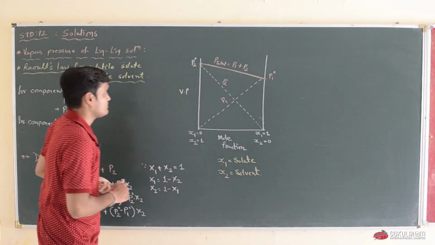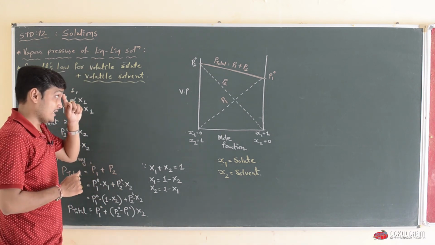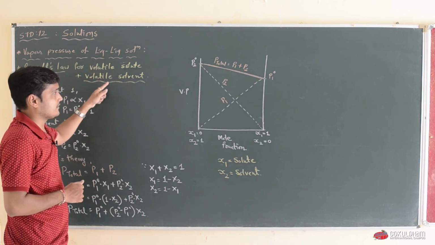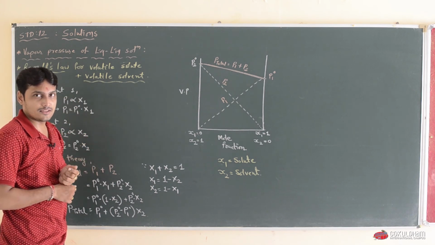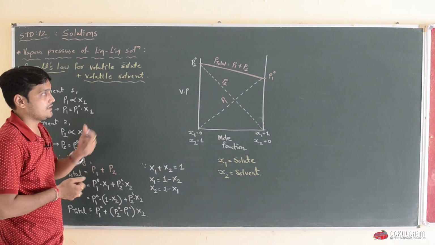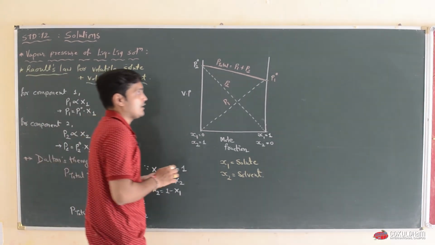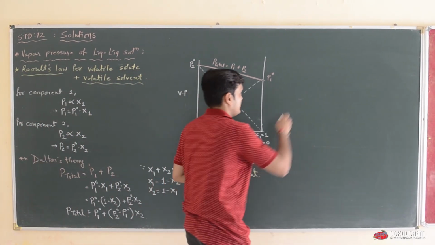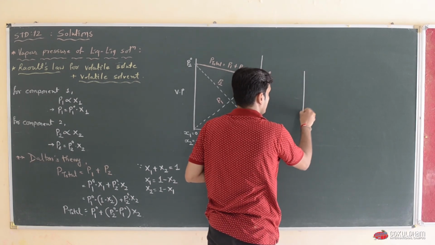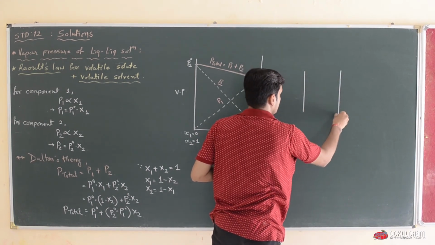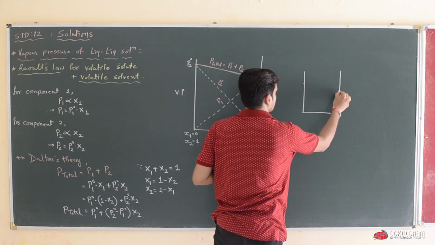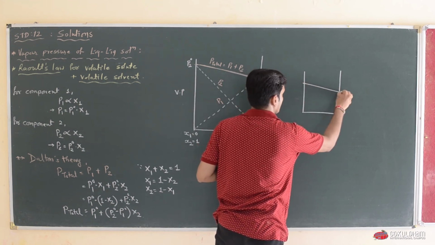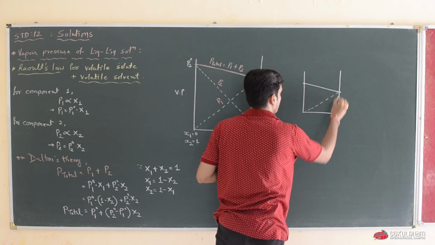Now I am talking about this volatile section. The positive deviation and negative deviation are also seen in this Raoult's law. So if we are going to discuss positive deviation, this is our basic graph.